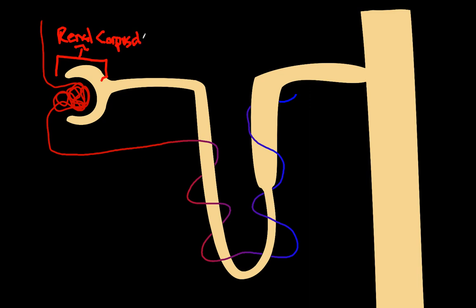But then we have this other section here, all this tubing that's leading out of the renal corpuscle, and all of this is what's known as the renal tubule. The renal corpuscle, the renal tubule. So really the renal corpuscle is made up of the glomerulus, but then also this part of the tubular portion of the nephron that's around that, which is known as the Bowman's capsule.